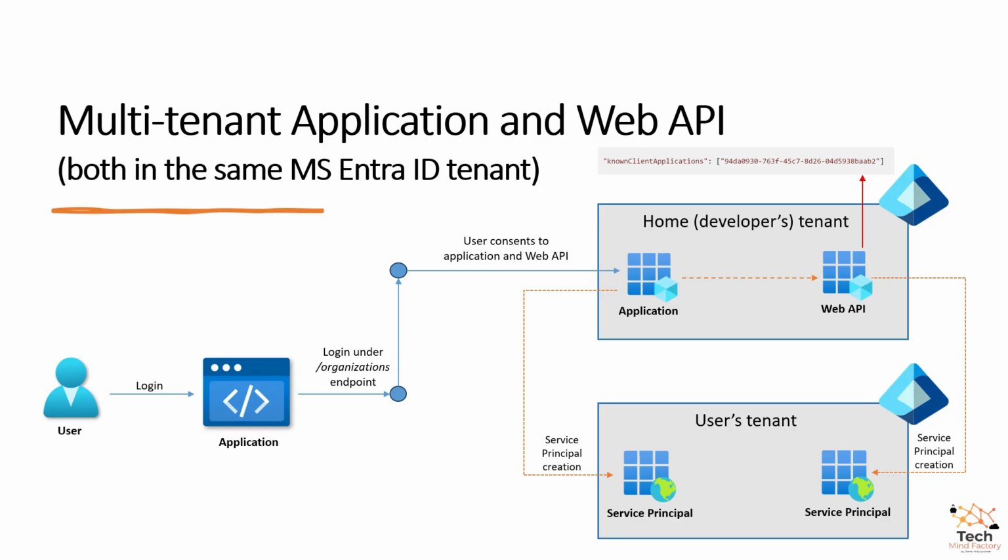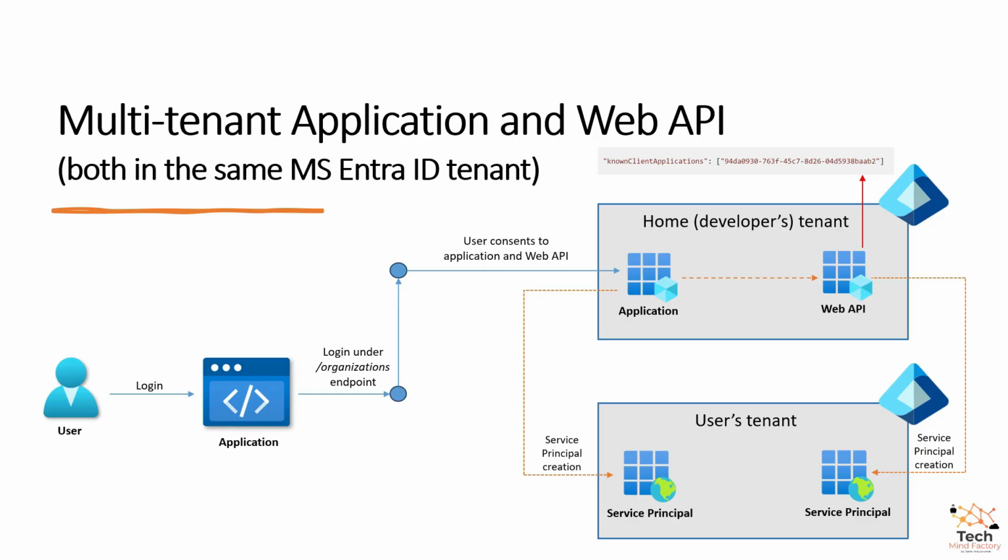What will happen if we do not add this non-client applications property? Unfortunately, the user will get an error. There will be information displayed that there is no service principal for the web API in the user's tenant.